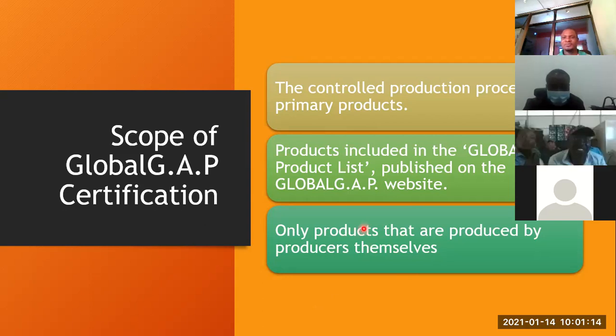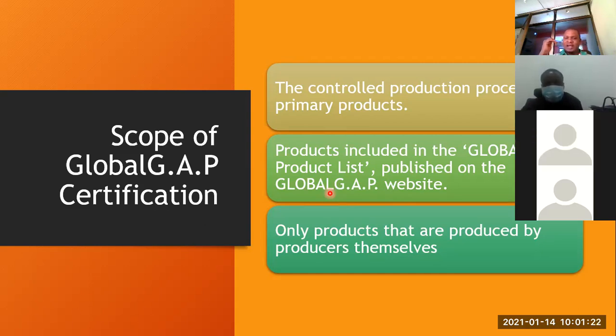Okay. Then GlobalGAP also has a product list. Okay, so your products must be on the product list. And the product list is published on the GlobalGAP website, in the documents.